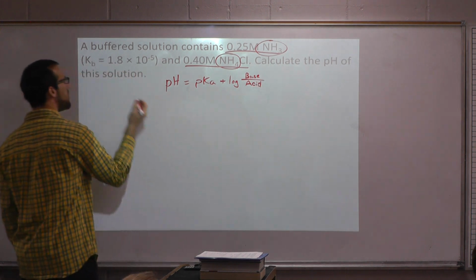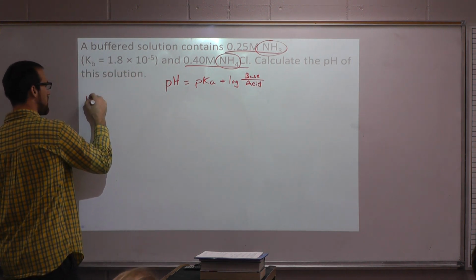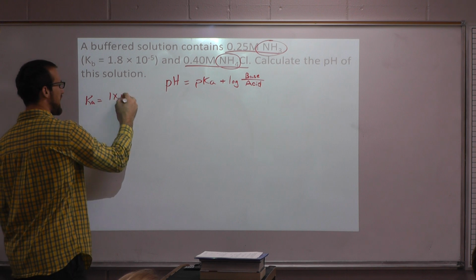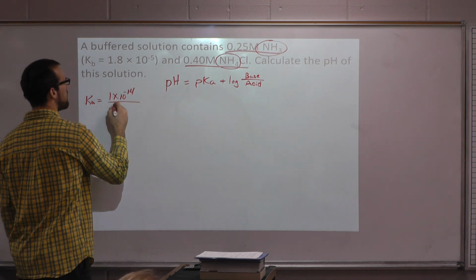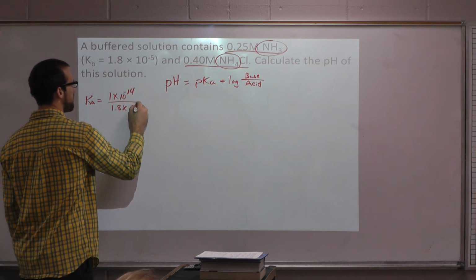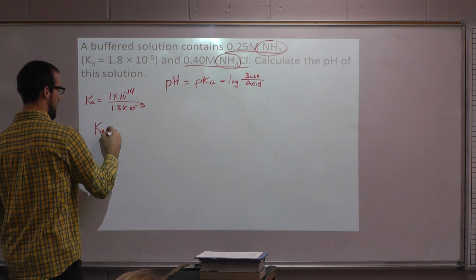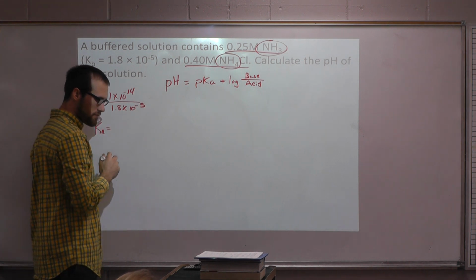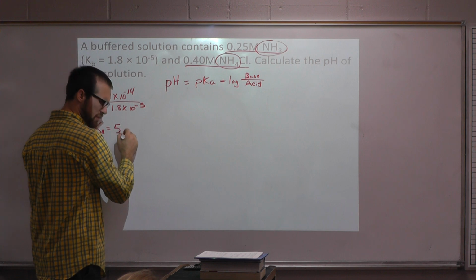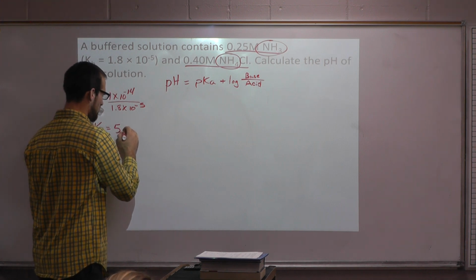So we are going to quickly change your Kb into your Ka. What was your Ka? 5.6. That's a big deal.